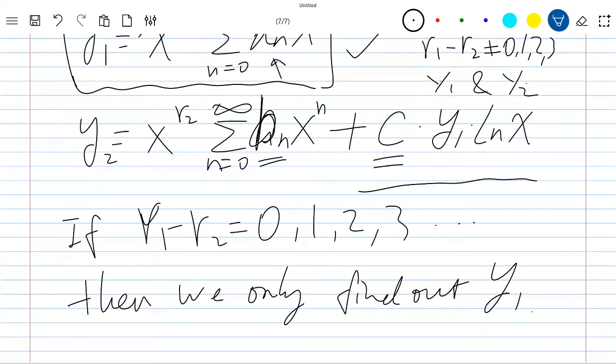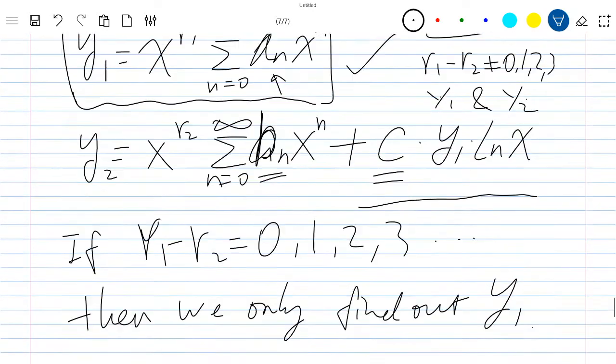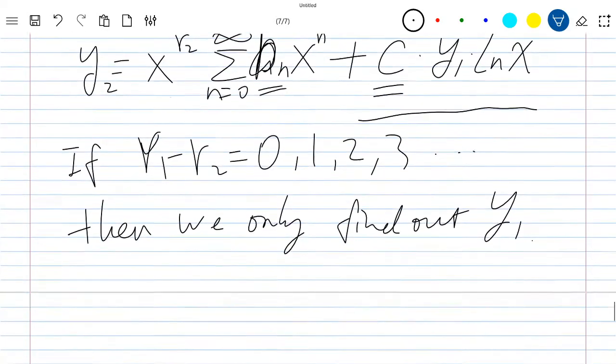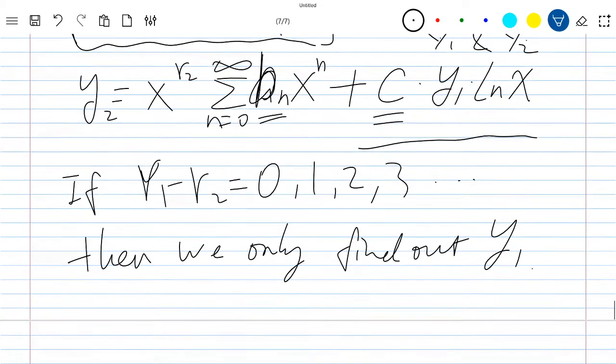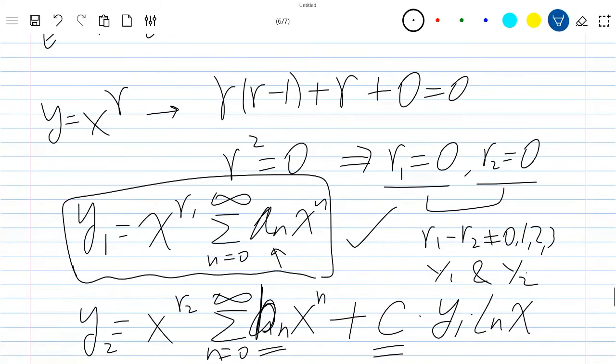All right, so let's see what is our y1. Okay, in this case, actually, we only need to find out one solution, right? So we can just plug in r1 directly, and you can see we don't really need it because r1 equals 0.